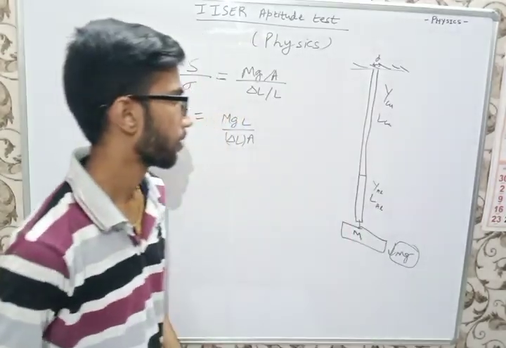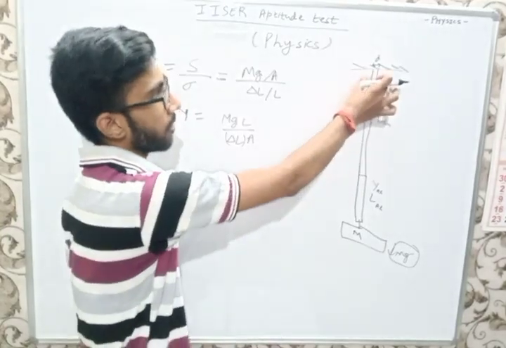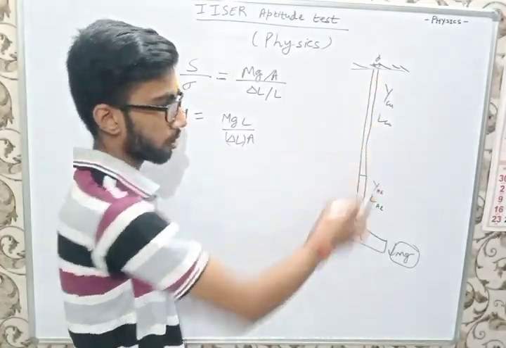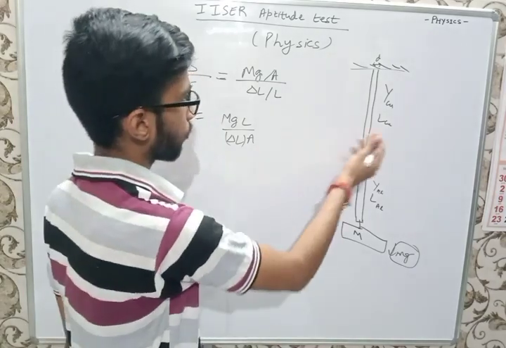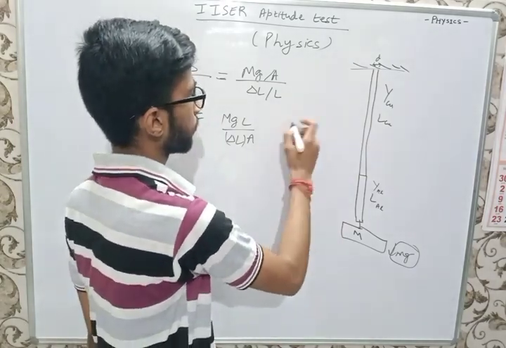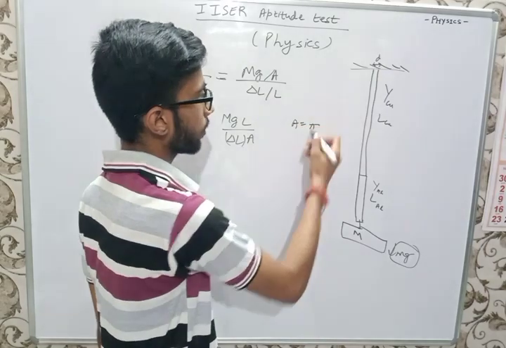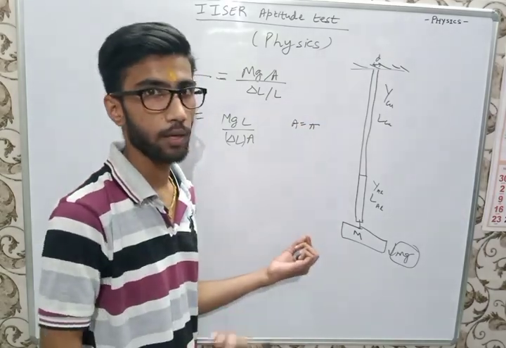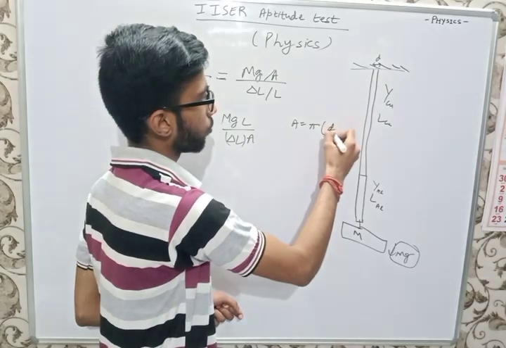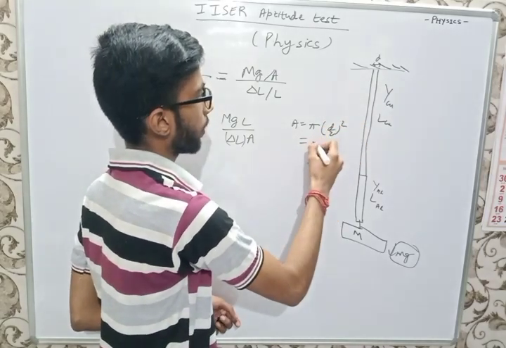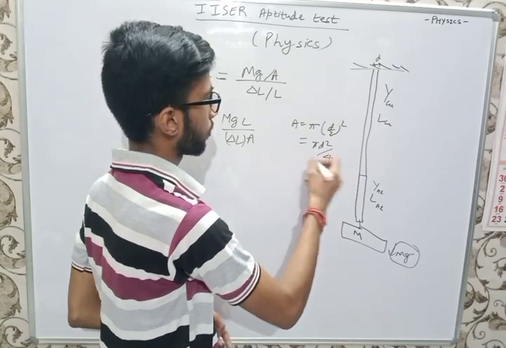Now see what A is. In this case, the diameter of the cross section is D. So the area of cross section will be equal to pi r square, radius square. Diameter is D, so radius is D by 2, which means pi d square by 4.